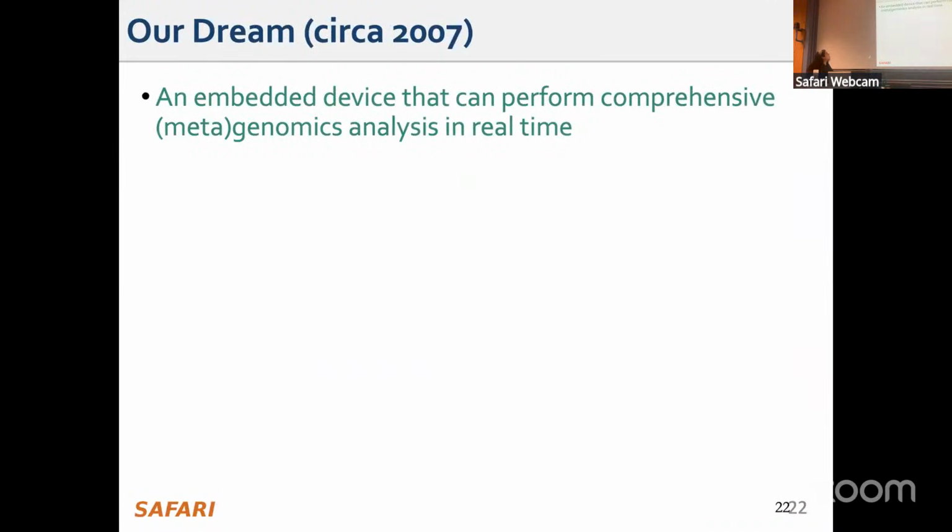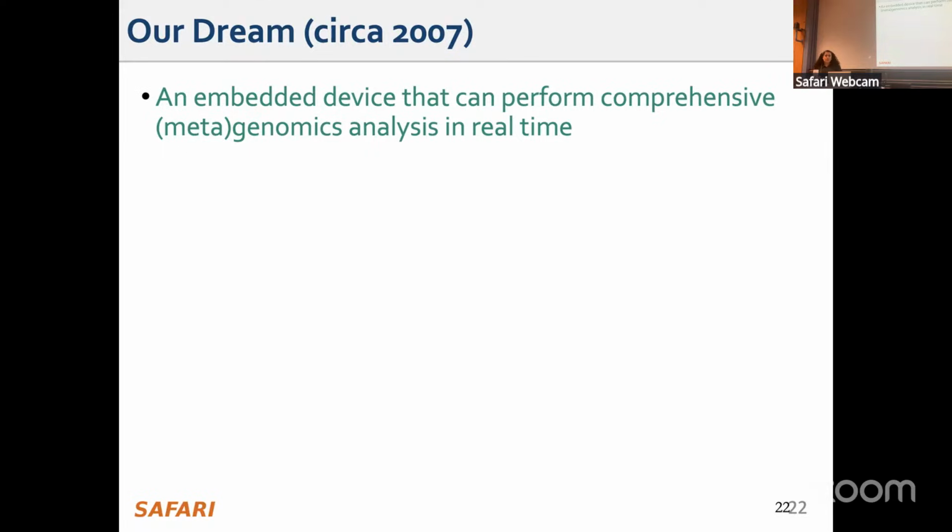A dream that we had in our research group, even far before I joined, has been to have very lightweight embedded devices that can perform comprehensive genomics and metagenomics in real time. As you might have heard, there are sequencers called MinION that are as small as a USB device or thumb drive, developed because there is a huge need for performing sequencing and analysis in remote environments, because of many medical and environmental implications, or in fields such as agriculture.